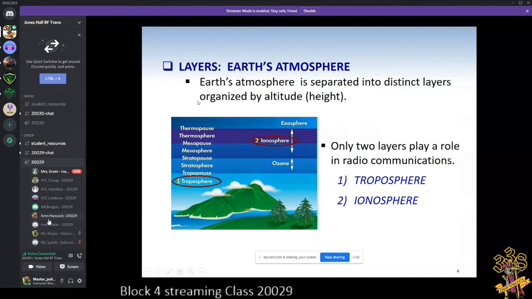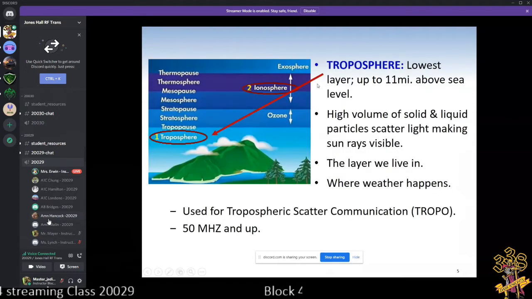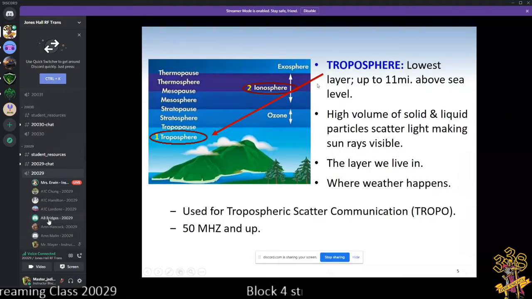So the Earth's atmosphere, as you know from school, has got many layers in it. The only two that we really care about for RF communication is the troposphere, which is the lowest layer, and then the ionosphere. The troposphere is where all the weather happens.